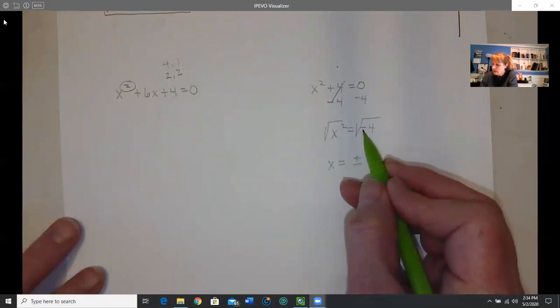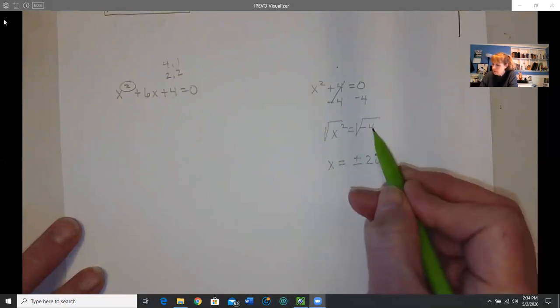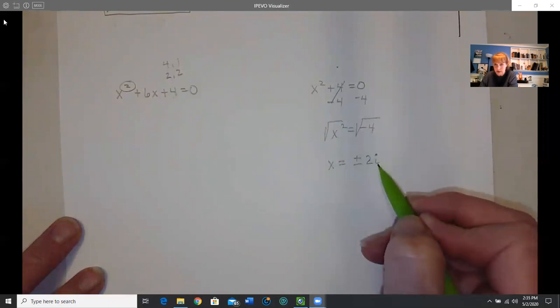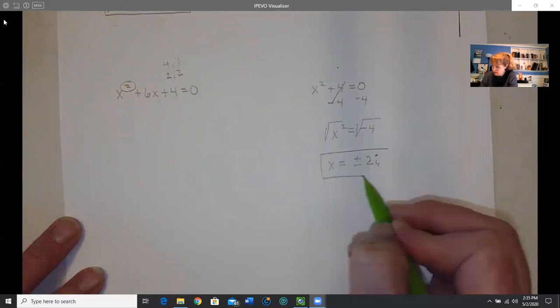So the square root of a negative 4 is actually 2i. The square root of 4 is 2. The square root of a negative 1, that's where the i comes from. And so there is your answer.